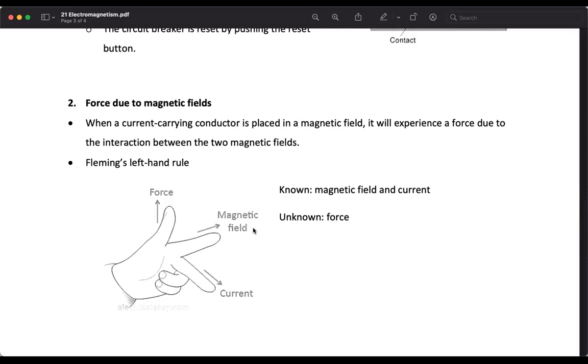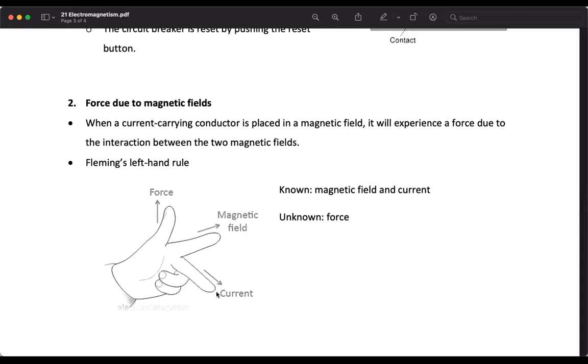And how to remember this? Can you all share with me how your teacher actually taught you? How do you remember which finger is which? Something that is very hard to remember, right? Why is the thumb the force? How to remember that the first finger, or index finger, is the magnetic field?